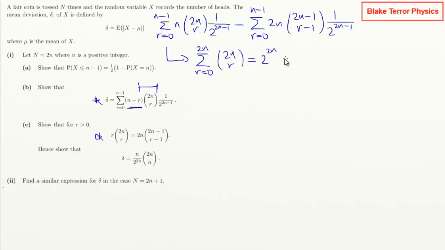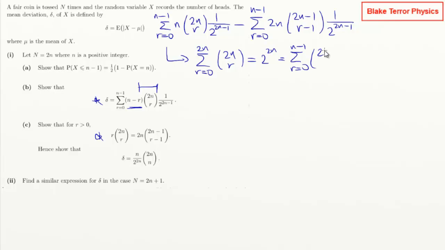So we've got that, and that is going to be equal to the sum from r is 0 to n minus 1. But that's also going to be the same for n terms on the other side as well.